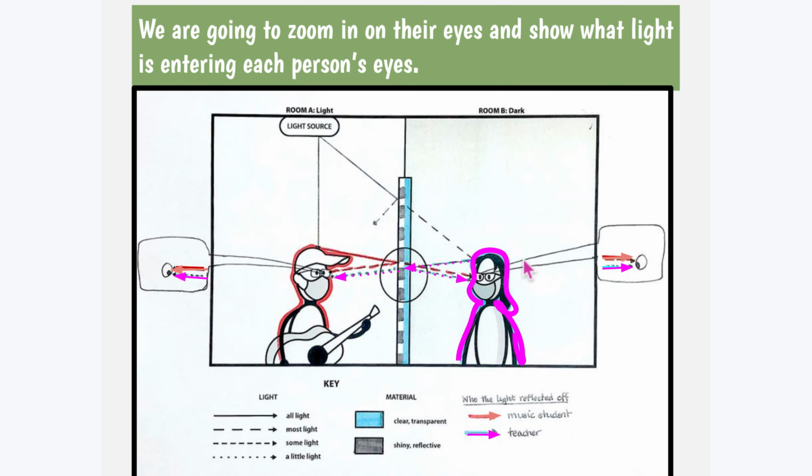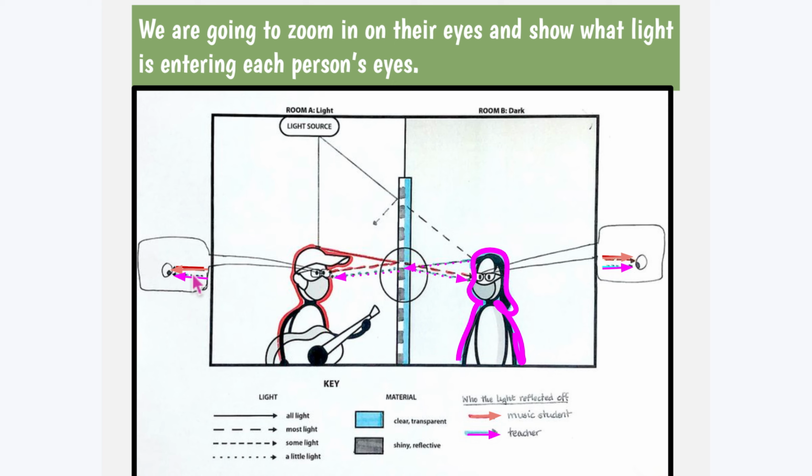And we're going to zoom in on their eyes and show what light is entering each person's eyes. So on the side here, we've drawn eyes for him and eyes for her. And we're going to show that there's two sources of light coming into each of their eyes. There's a strong source, the orange one, that shows the light reflecting off the student.